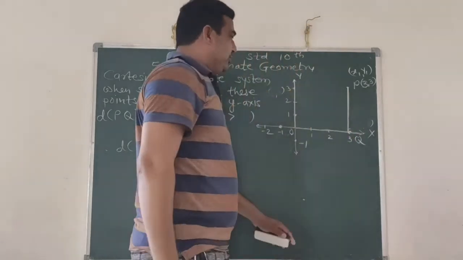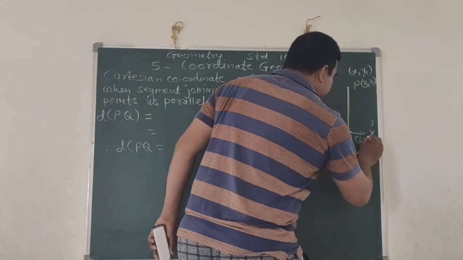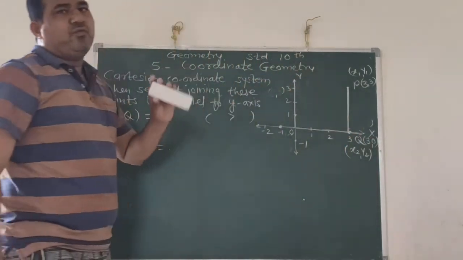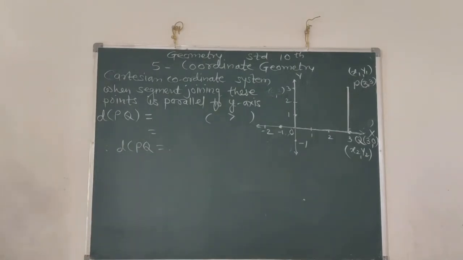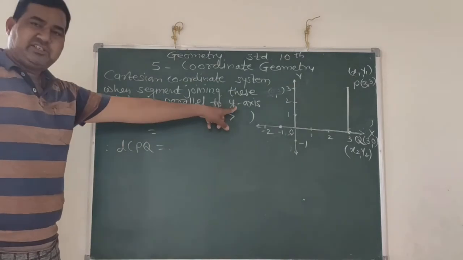Now for point Q, that is x2, y2, x coordinate 3, y coordinate 0, and on the other axis one of the coordinates is 0. Now check, PQ is parallel to the y-axis.